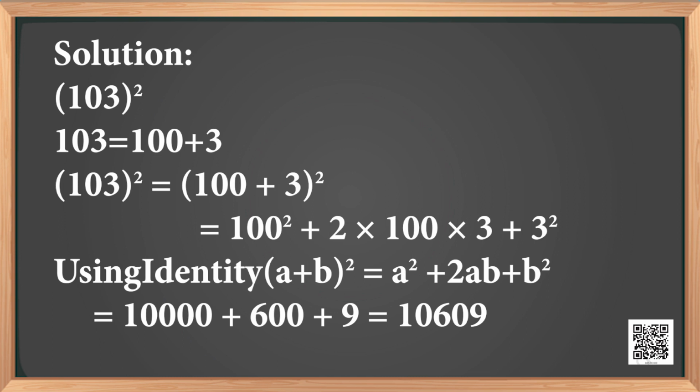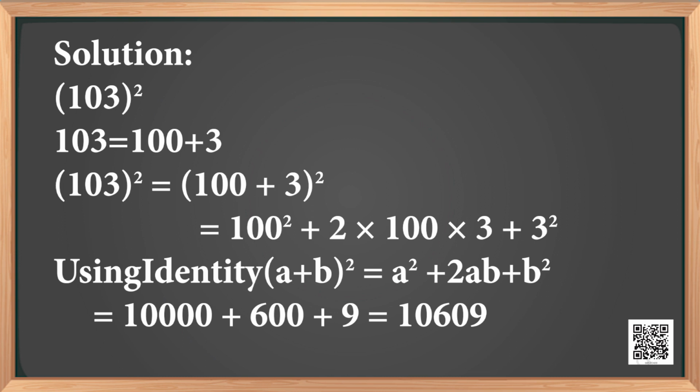Using the identity (a + b)² = a² + 2ab + b², 103² is equal to 10,000 + 600 + 9, which is equal to 10,609.